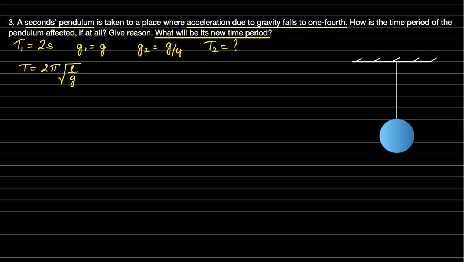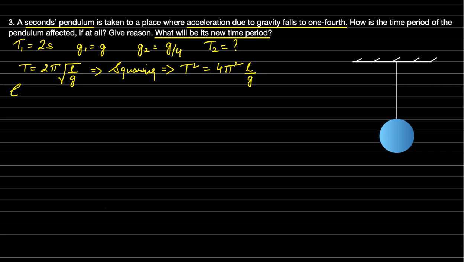Once we square this on both sides, we get T square is equal to 2 square is 4, pi square is pi square only, root L square is L divided by root g square is g. So we get T square is equal to 4 pi square L by g. Now we would be taking two cases.